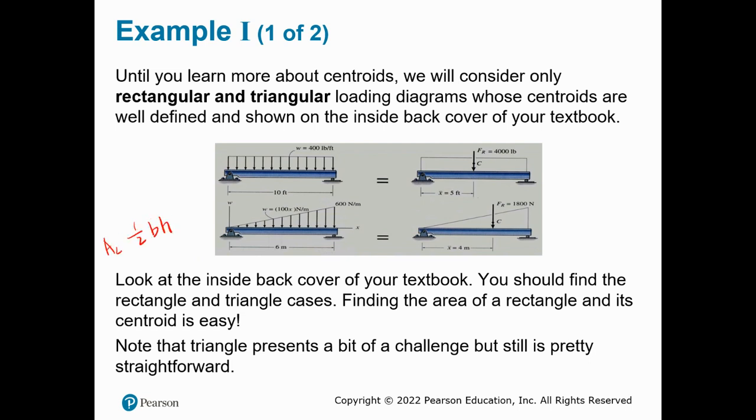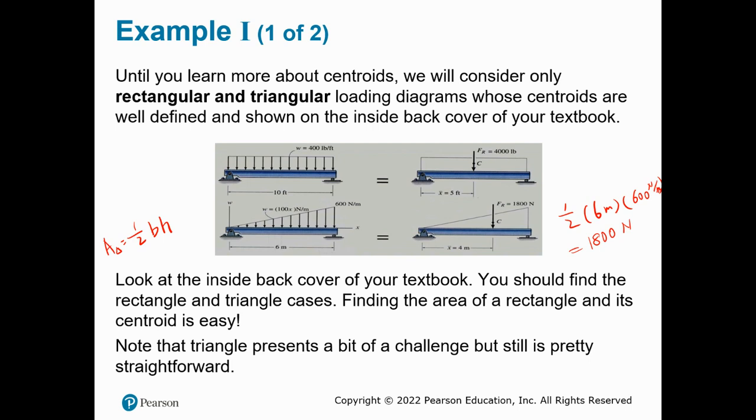Here, the base is 6 meters and the height is 600 Newton per meter. So the area is one half times 6 meters times 600 Newton per meter, which gives 1800 Newton. The meters cancel out, and that's where the 1800 Newton comes from.